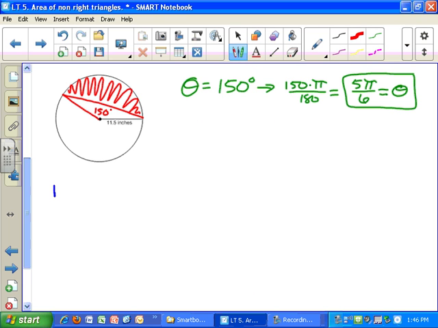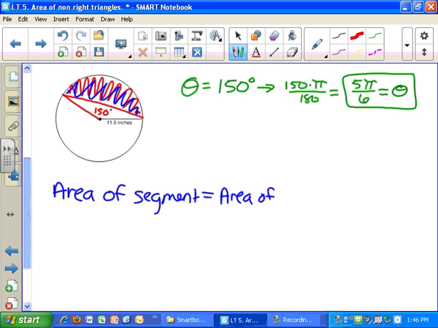Now we can use this idea that the area of the segment, what I have right now highlighted in red, is going to be the area of the sector minus the area of the triangle.